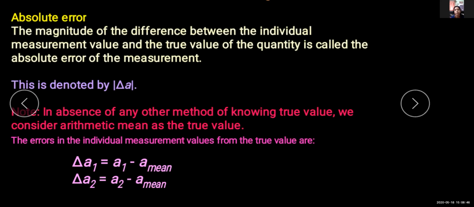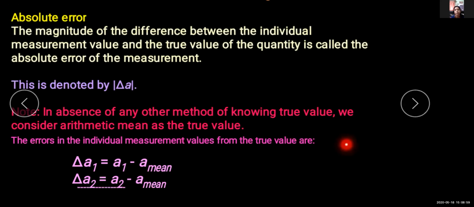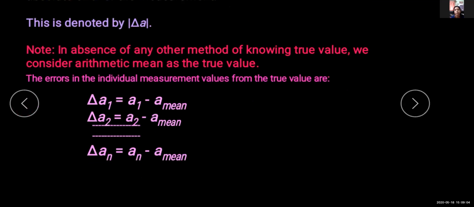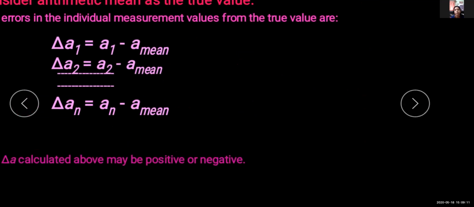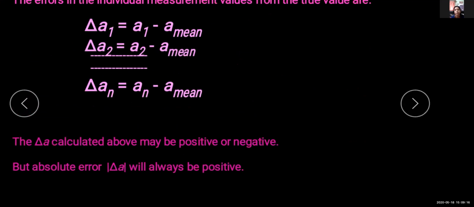So A mean is the true value, and absolute error delta A1 is A1 minus A mean, delta A2 is A2 minus A mean, and so on. Delta AN is AN minus A mean. The delta A calculated above may be positive or negative, but absolute error delta A will always be positive. I hope this is clear to you.